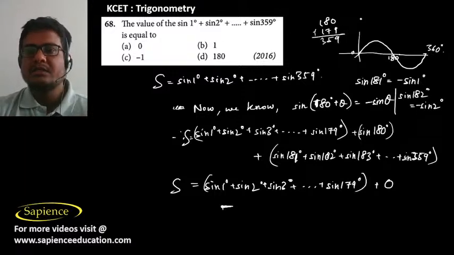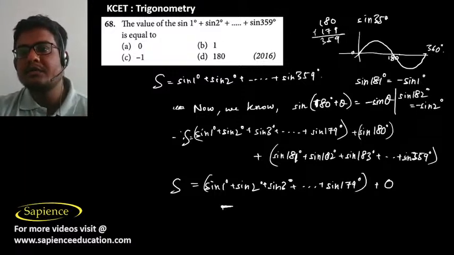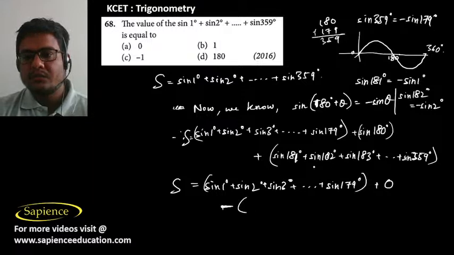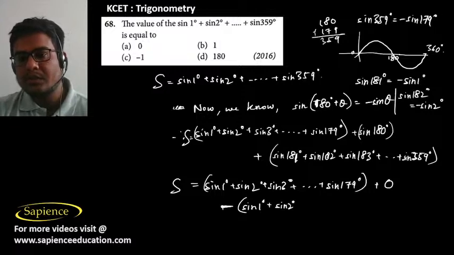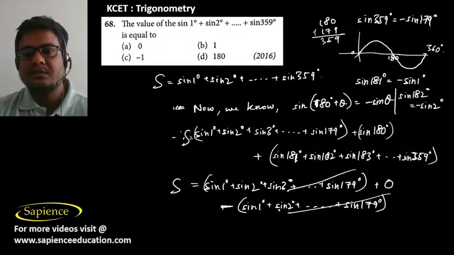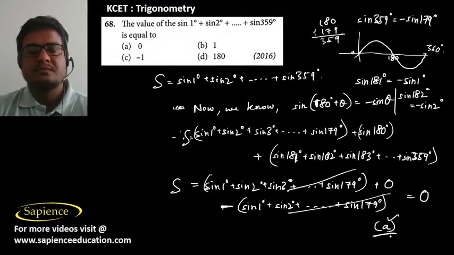Similarly sine 359 degree will be equal to minus of sine 179 degree. So if we add this whole thing, we can take minus as common, and this will be minus of sine 1 degree plus sine 2 degree plus till sine 179 degree. So these two things will get cancelled, so the answer will become 0. So option A is the correct answer.